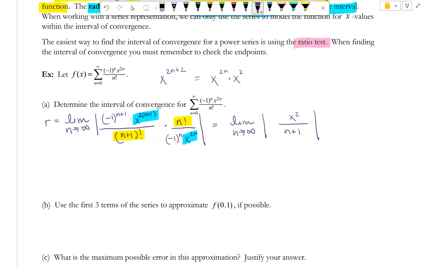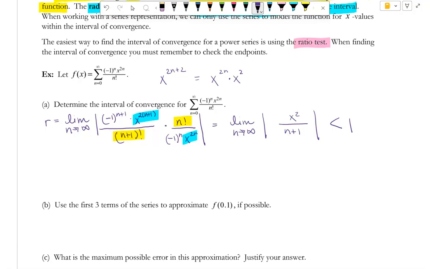All right, so the ratio test will tell us that the series converges when R is less than 1. So for this to converge, this is my ratio, and it needs to be less than 1.